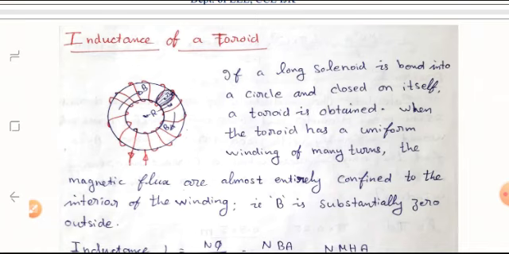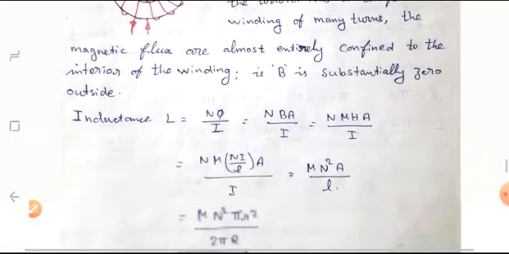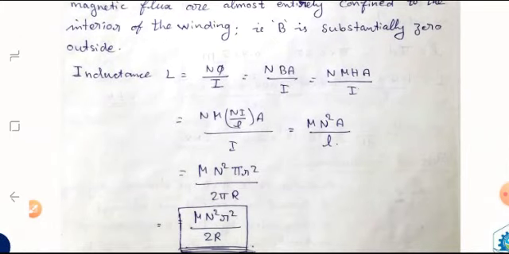When the toroid has a uniform winding of many turns, the magnetic flux is almost entirely confined to the interior of the winding. That is, magnetic field intensity B is substantially zero outside. Now we are developing the formula for the inductance of toroid in the same way as that of the solenoid. We are developing it as mu n square A by L.